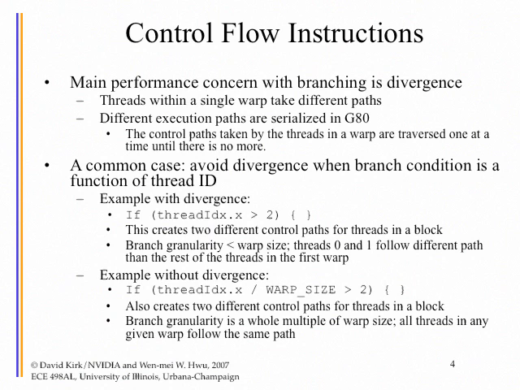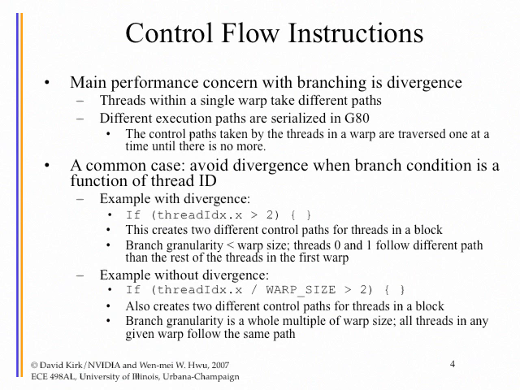Each one has a different performance impact. If all the threads follow the then path, it's minimal overhead. Okay? Meaning that if no threads will follow the else path, then the hardware mainly just executes the if path, and things are okay. Same thing if everyone goes through the else path, then the hardware will just execute along the else path, and very little overhead.